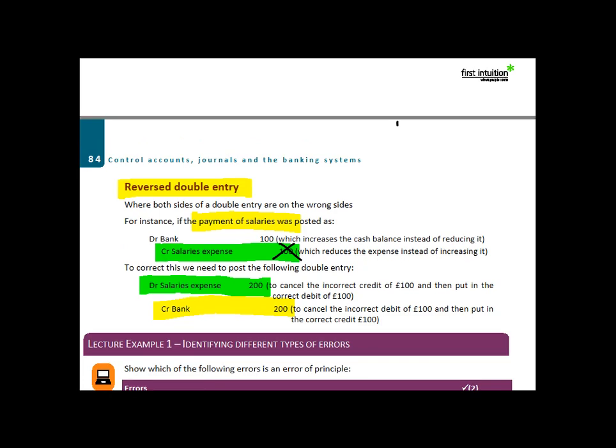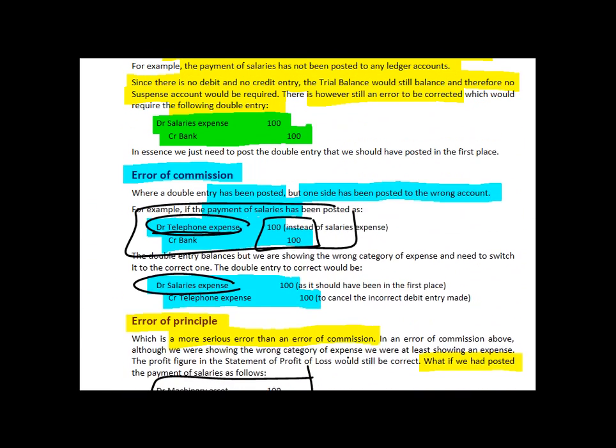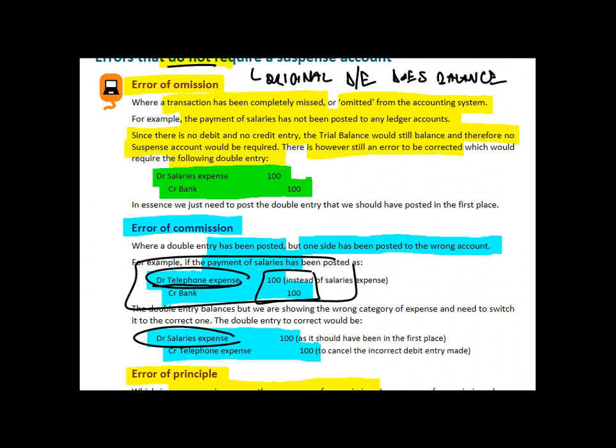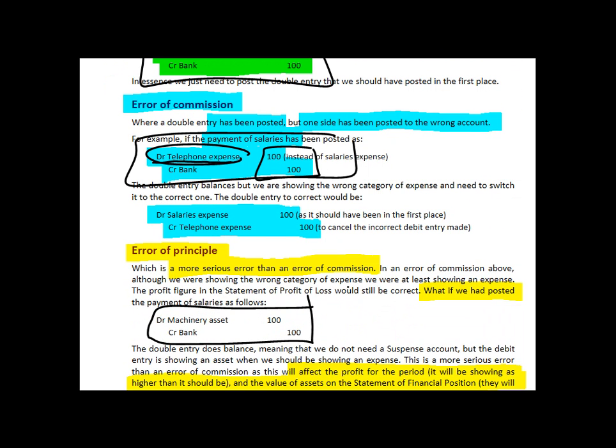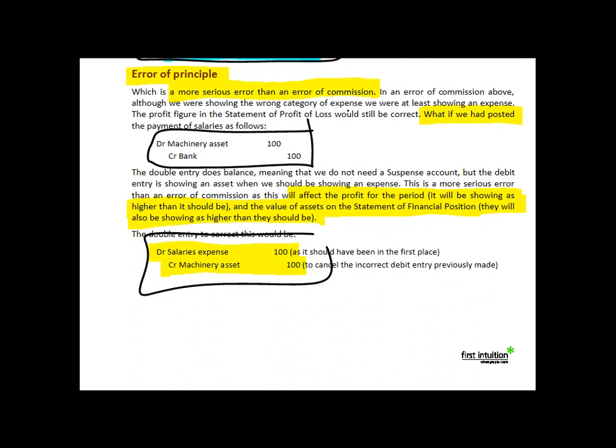And the thing you'll hopefully notice with each of these types of errors is because the original double entry balanced, then none of the correcting journals require an impact on the suspense account. The first one was debit salaries expense, credit bank, no impact on the suspense account. Second one, debit salaries expense, credit telephone expense, no impact on the suspense account.